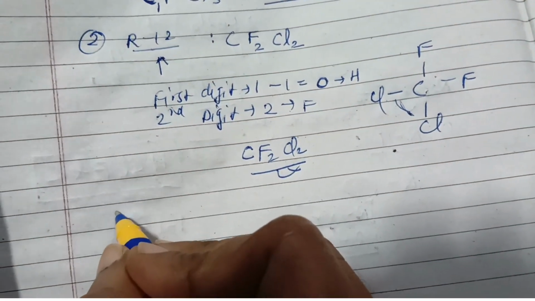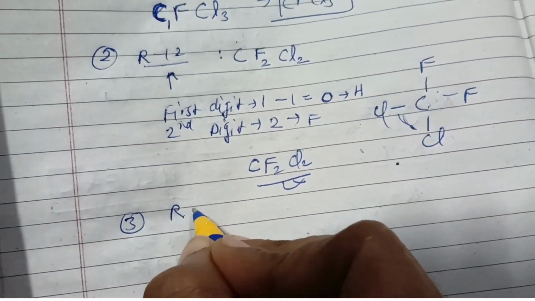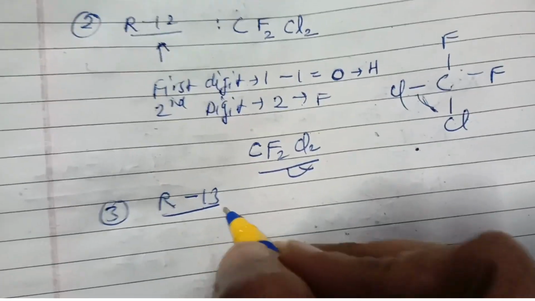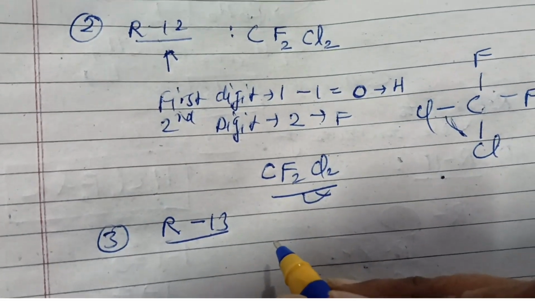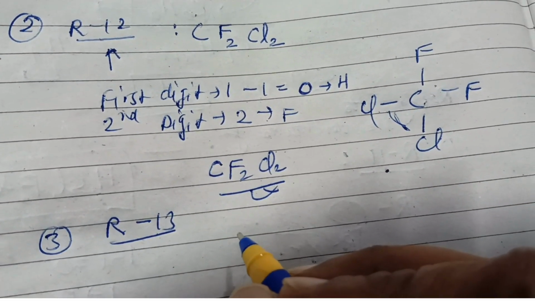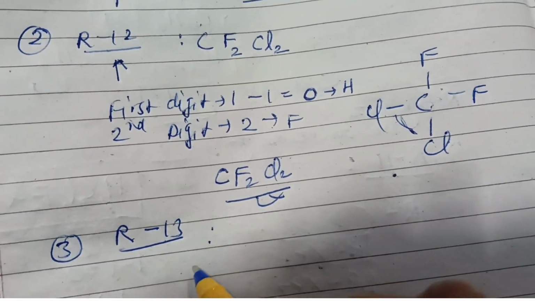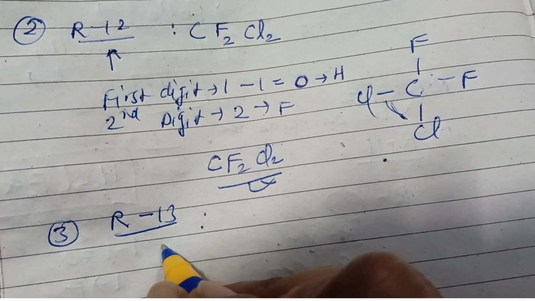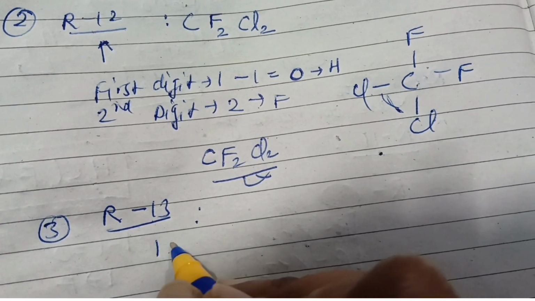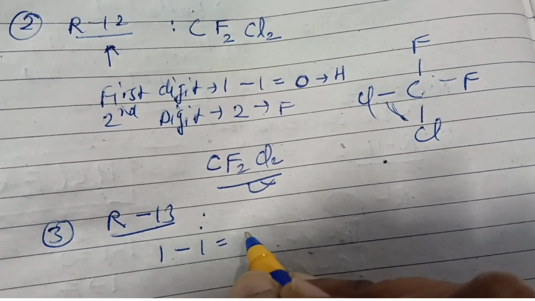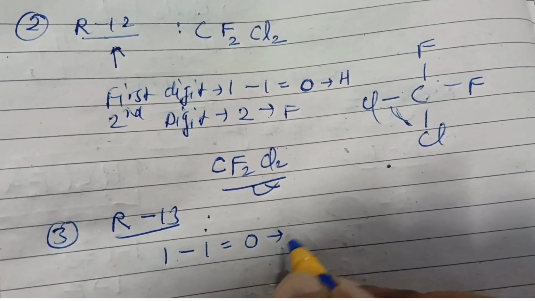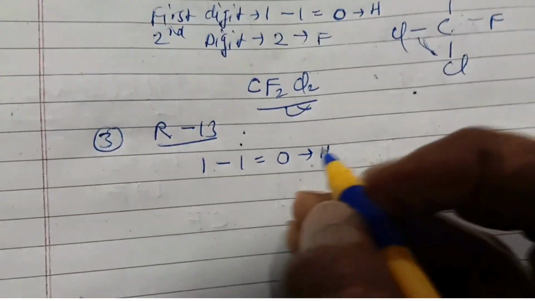Now let's find out the formula for the third refrigerant, R13. So quickly you can decide this is also a methane based refrigerant, and so let's go with the same approach again. First digit is 1, and first digit minus 1 would always give the number of hydrogen atoms, so this is again 0, so H will not come into the picture again.